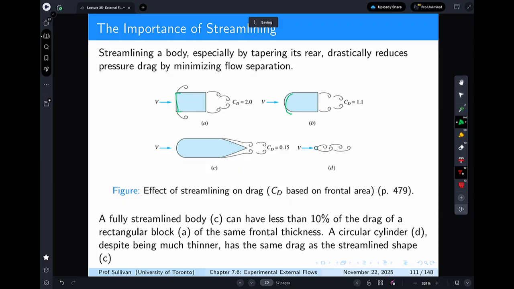You've curved the front, and by curving the front, you've dropped the C sub D from 2 to 1.1. Then if you streamline the rear, getting rid of the wake, essentially covering it and allowing the flow to recover all the way through, you end up with CD equal to 0.15. That's the equivalent to a very small sphere where you've done no streamlining other than just the front area. Any questions so far?